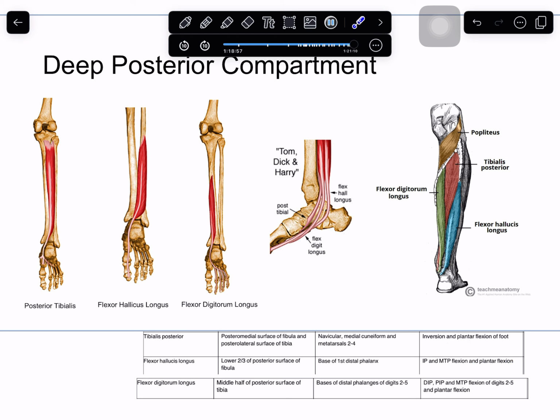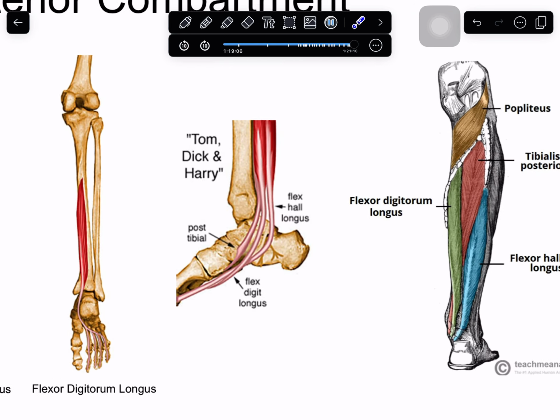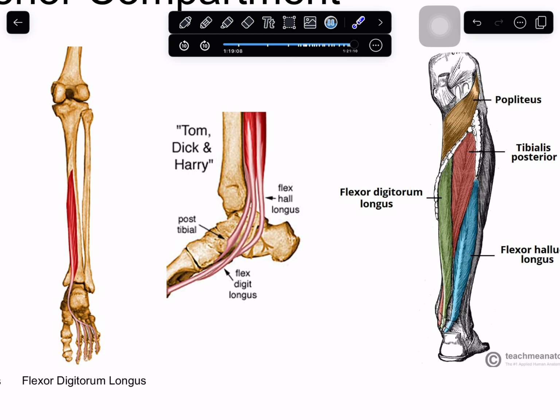And that pretty much covers it for our muscles of the deep posterior compartment. We have another view over here, in this little middle image, where we could see all 3 of the tendons. And you might hear the acronym thrown around occasionally, called Tom, Dick, and Harry. Those are meant to signify the deep posterior compartment muscles, or even the anterior compartment can do this as well, actually. So Tom, Dick, and Harry is supposed to lend itself to the names of the muscles here.